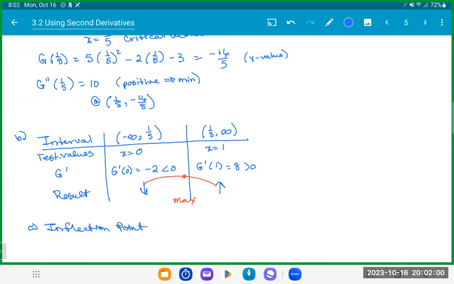This is where we set our second derivative equal to 0. So 0 cannot be 10. Since there's no solution, there's no inflection point. Okay. Questions?